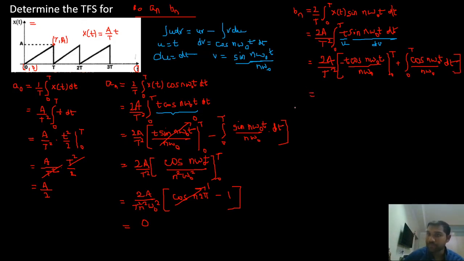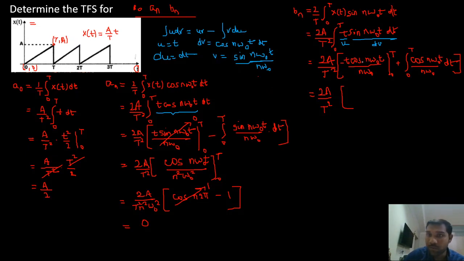That is equal to 2A by T square. Now I have to substitute T here: n omega naught T is n into 2 pi by T into T, so n into 2 pi. What is cos n into 2 pi? That is cos of even multiples of pi, which is always 1.